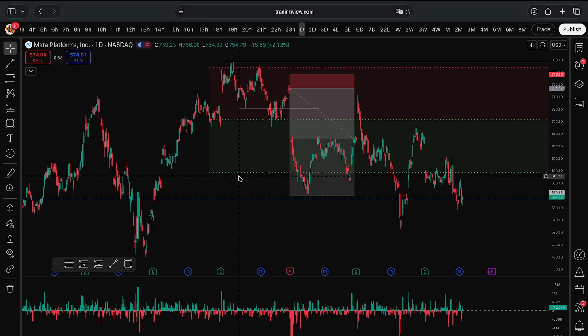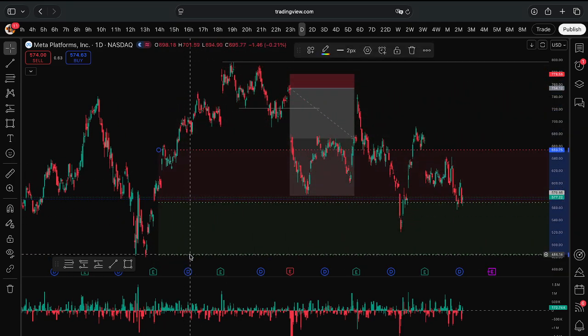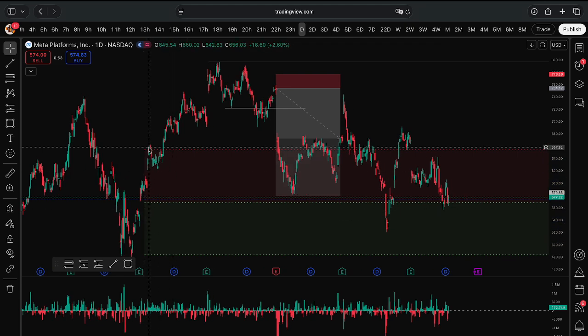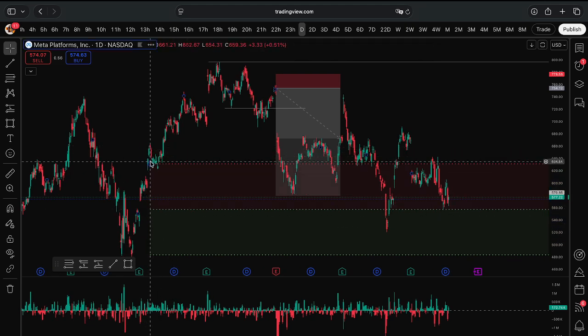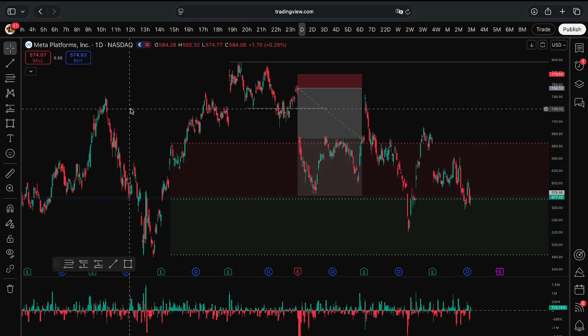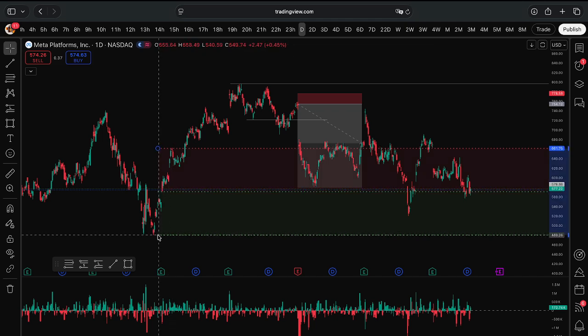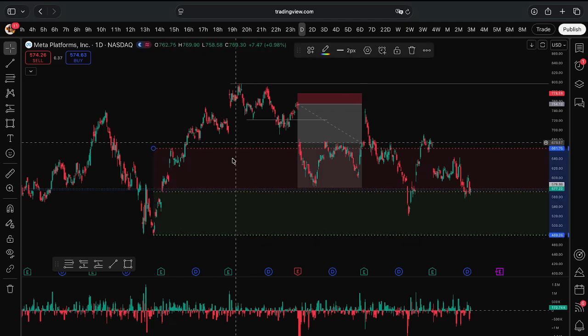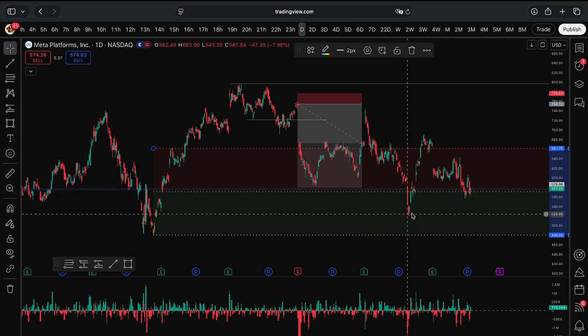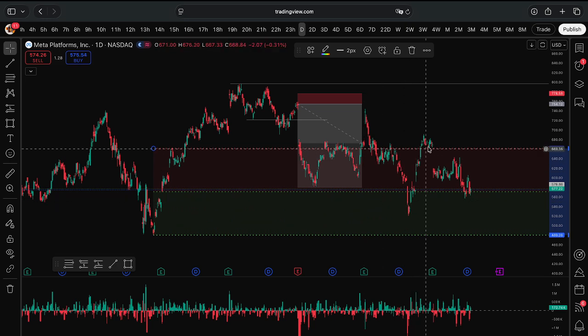So usually, this is why I'm talking also about premium and discount, because it gives you an idea where to actually buy. With this color scheme, you see very easily, okay, I want to buy here, and I probably want to sell here, at least for this range.